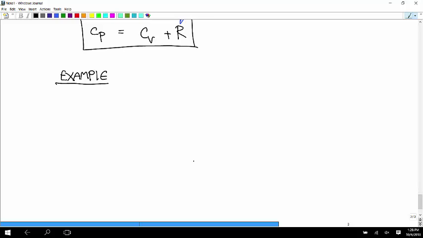So let's say that we have 0.5 kilograms of air in a fixed tank. And we add heat. You add heat to this tank by putting the tank over a fire or whatever.